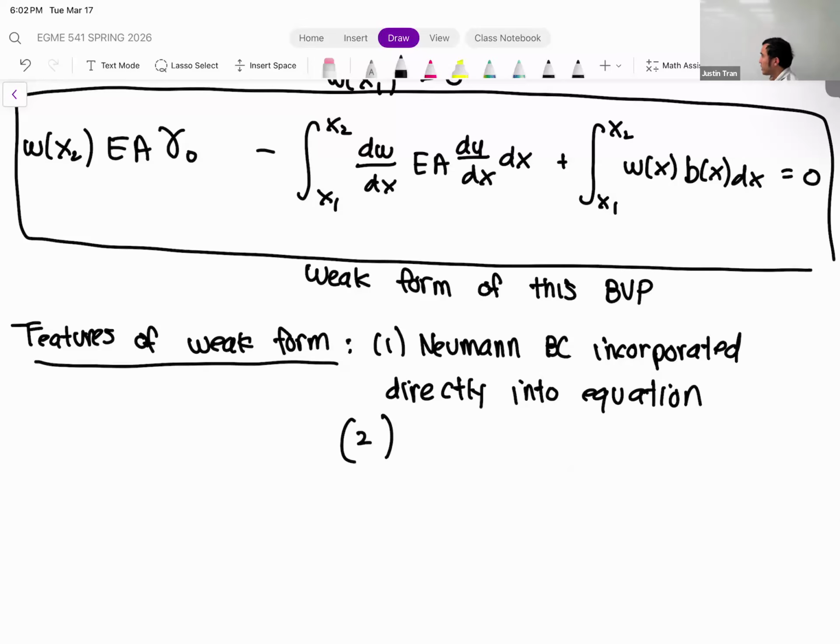The other thing to note here is that we've softened the harshness of the derivative through our integration by parts. Now our highest order derivative that we have here is only first order.